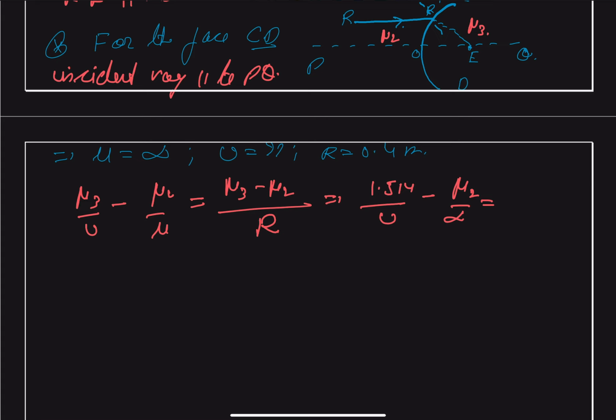This comes as 1.514 minus 1.414, because that is square root of 2, divided by 0.4. So we get that our v is equal to 6.056 meters, and this is nothing but our OE, which we were supposed to find out.